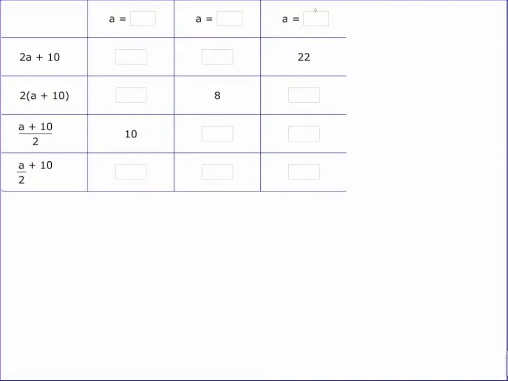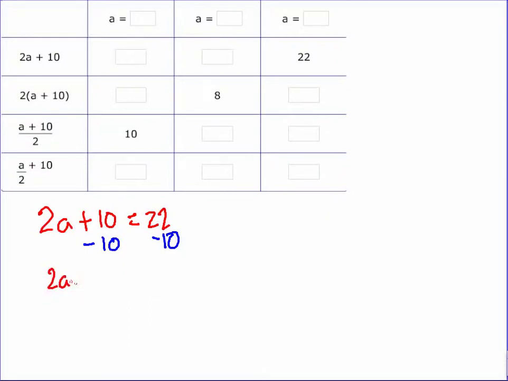So I'm going to look at the top expression, 2A plus 10 equals 22. You might be able to solve it straight away, but I'm going to do it the mechanical, method way. So I'm going to take 10 away from both sides, which gives me 2A equals 12.